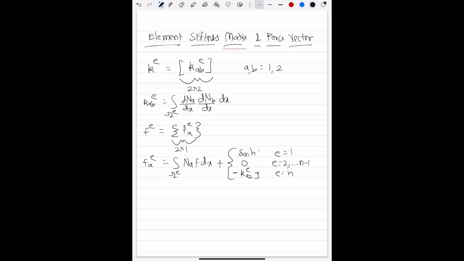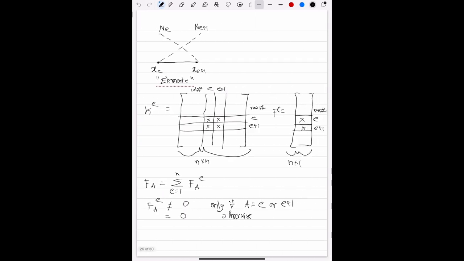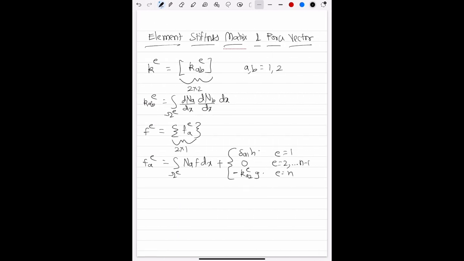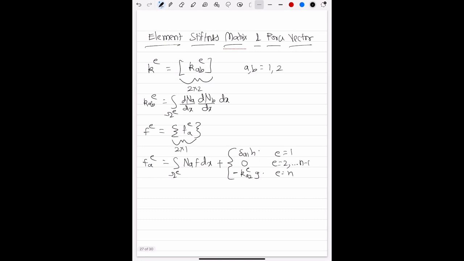So this first term over here comes from this term over here, whereas this term over here comes from this term over here, related to the Dirichlet boundary condition and the Neumann boundary condition.